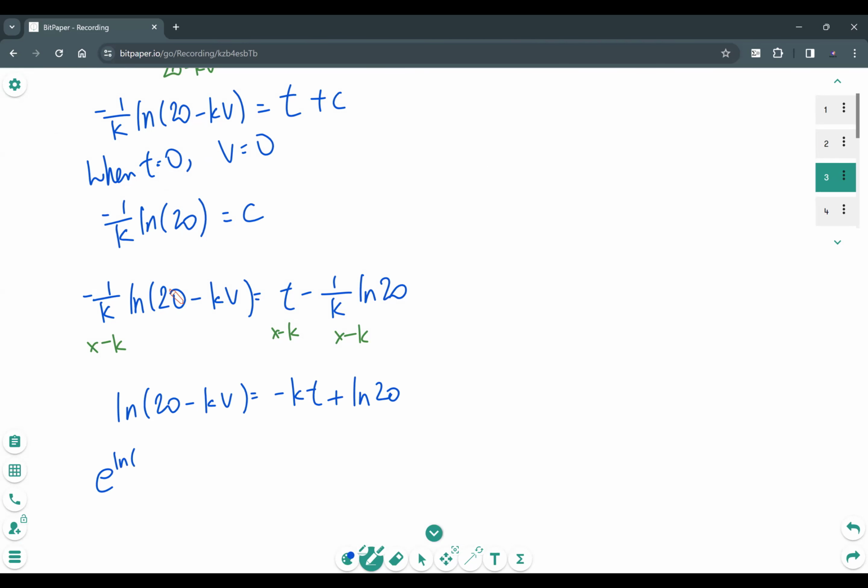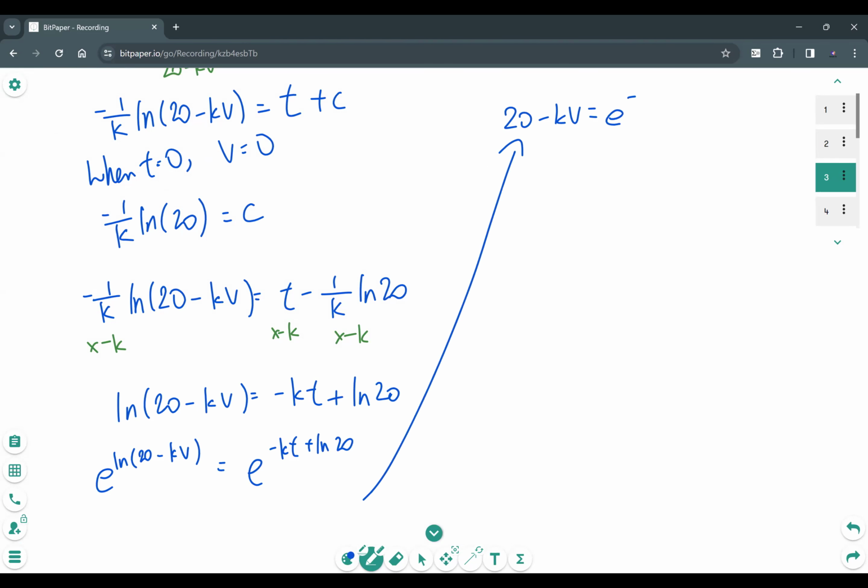So e to the power of ln of 20 minus kV equals e to the power of negative kt plus ln 20. On the left hand side, e and ln cancel out, leaving 20 minus kV. On the right hand side, I can separate the power: e to the power of negative kt times e to the power of ln 20. Step by step. A lot of students would make a mistake from here, putting a plus in or doing something weird. So e and ln do cancel here: 20 minus kV equals 20 e to the power of negative kt.